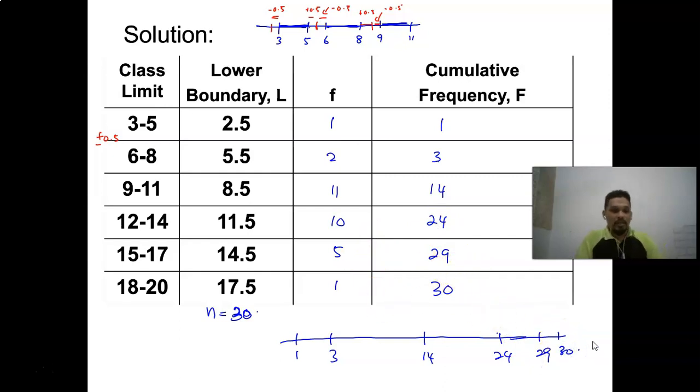Okay, so now for the first quartile, just imagine that it is from 1 up to 30.